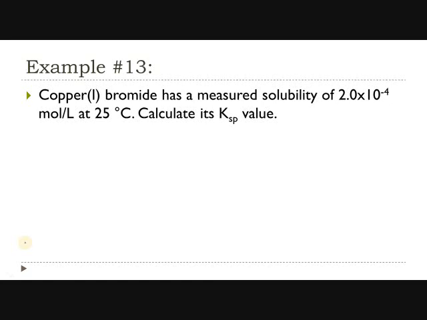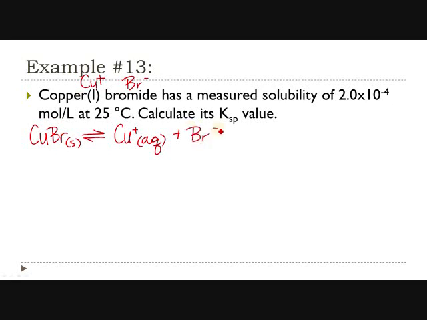Copper(I) means that copper has a +1 charge, and bromide has a -1. So our solid is CuBr, and that will break up into Cu+ aqueous and Br- aqueous. It's already balanced because of the +1 and -1 charges.